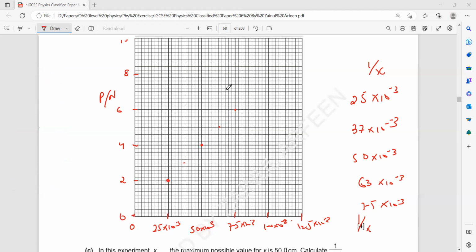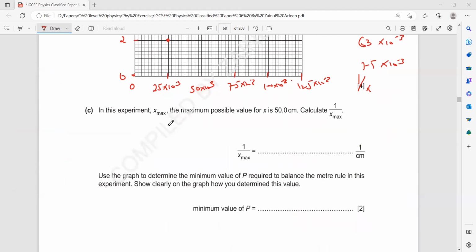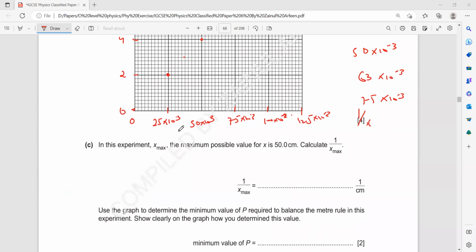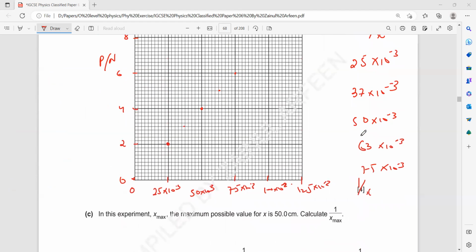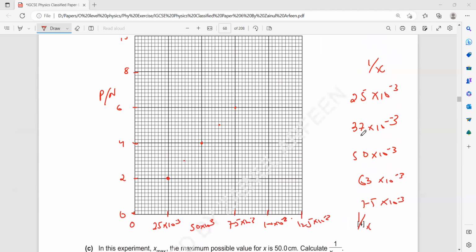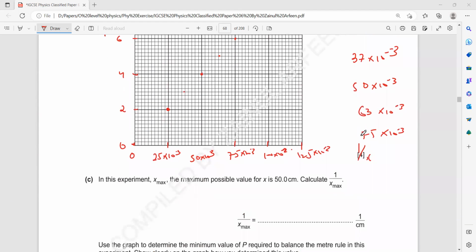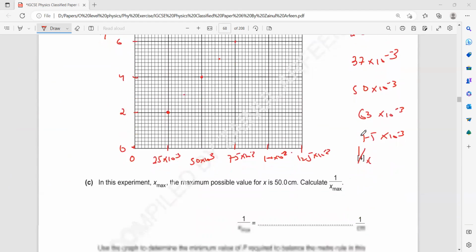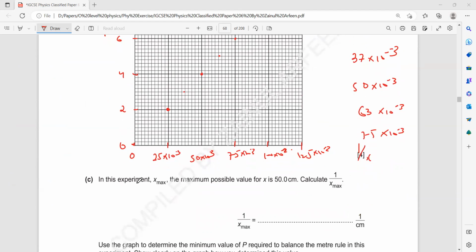Then the next part in the question: in this experiment, X max, the maximum possible value of X, is 50 centimeter. Calculate 1 over X max.